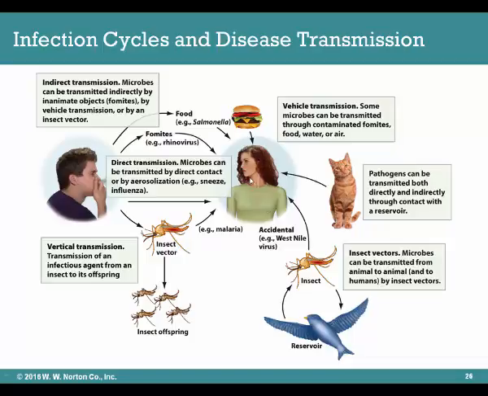Sometimes we are the accidental host. In the case of West Nile virus, really the primary host is birds, but we accidentally get exposed through insect bites, mosquito bites. Or sometimes we are the primary host. In the case of influenza, it's person to person. It doesn't involve any of these intermediary steps.